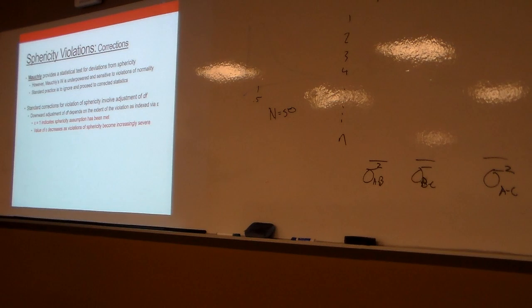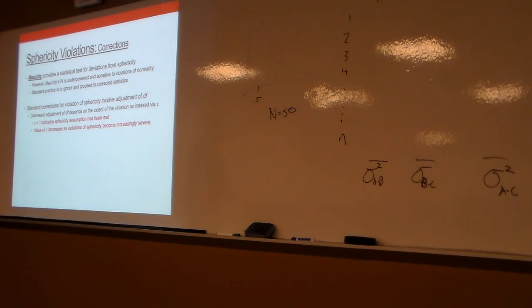So, corrections for sphericity. It's the same thing as when we had violations of homogeneity of variance assumptions for our t-tests. We're assuming that whatever test statistic we've derived still follows a t-distribution, we just don't know which t-distribution it is. So we have to guesstimate what family of t-distribution that is. With our Levene's test, or with our correction for homogeneity of variance, we're testing against different degrees of freedom than we have.